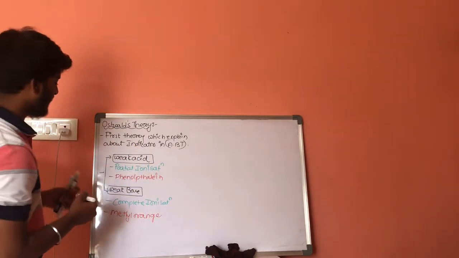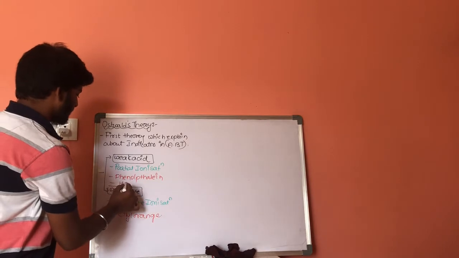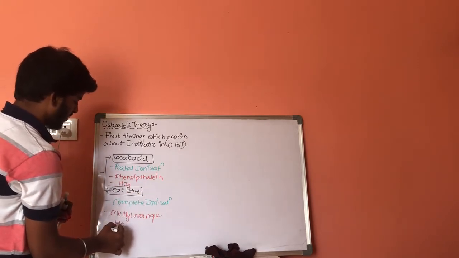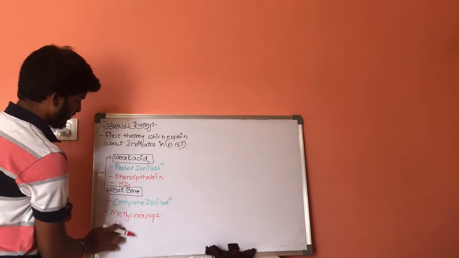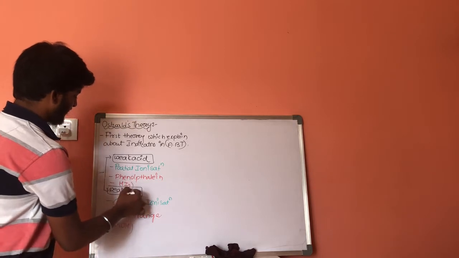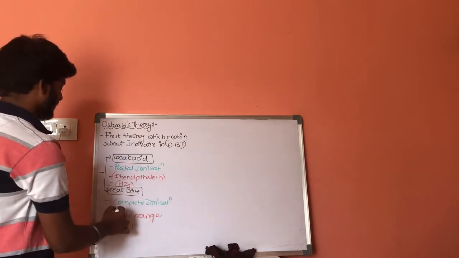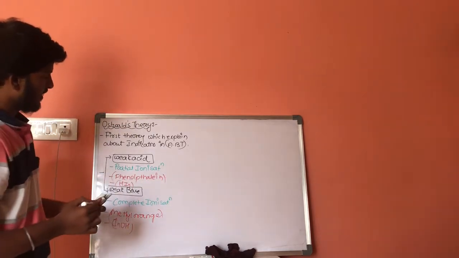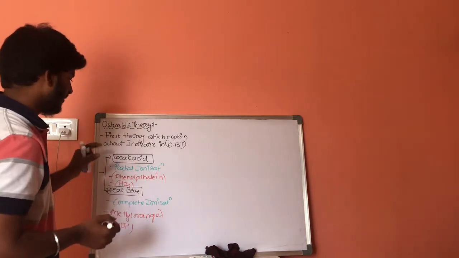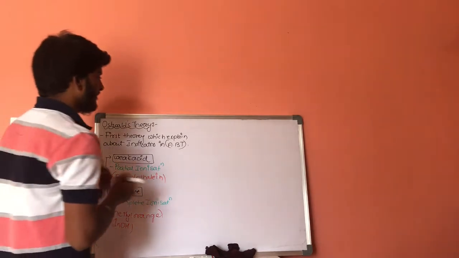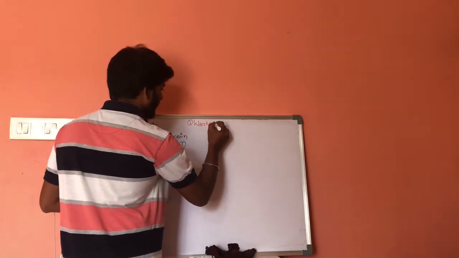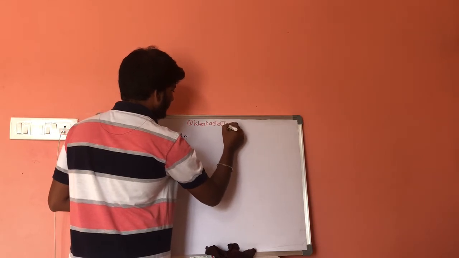One more example is HIn or else InOH, methyl orange. These are some examples. Now, let us discuss the first one, weak acid indicators.